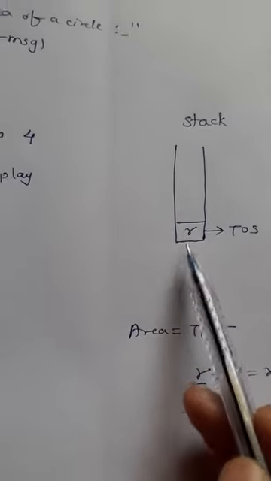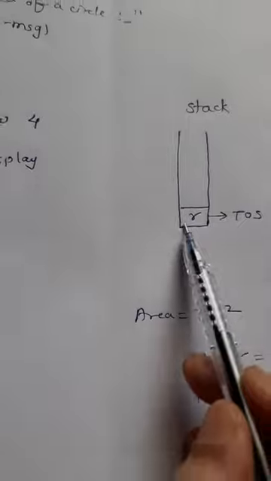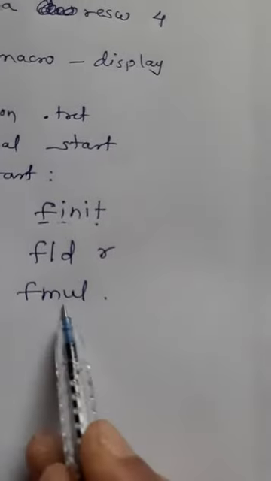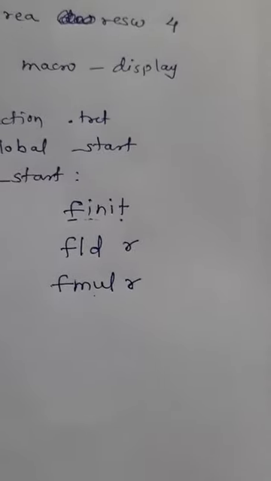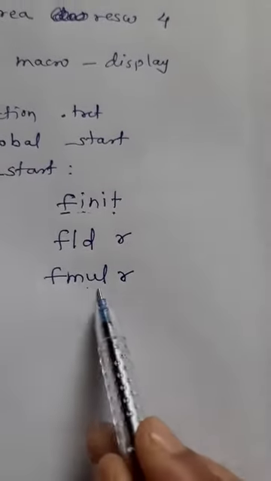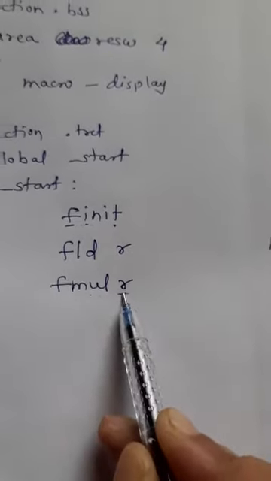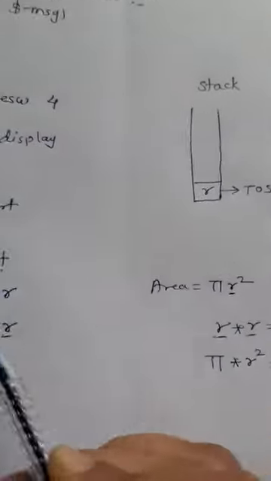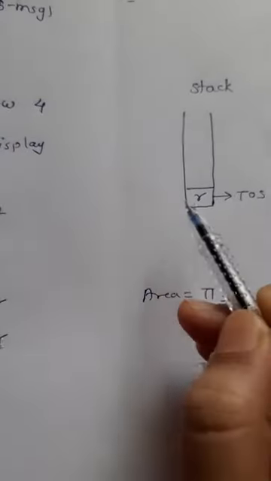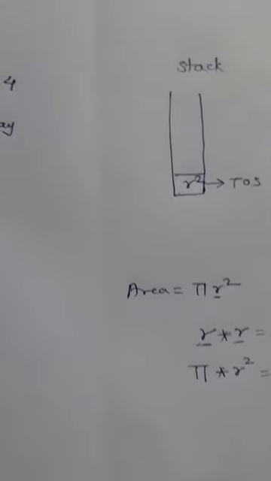Here there is no other element after the top of stack, so we can write fmul and a single operand, that is r. So this instruction, fmul with a single operand r, will multiply this element with the content available in the top of stack. So fmul r, r into r, so that the top of stack will now be r square.